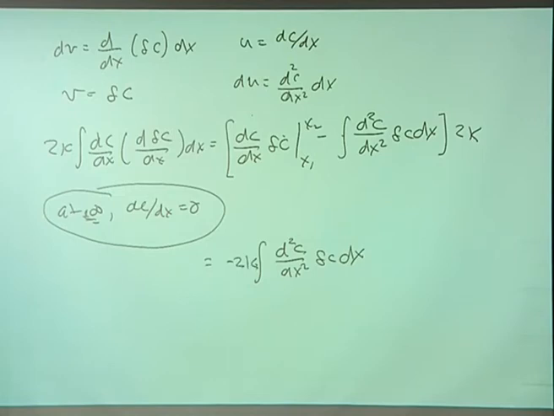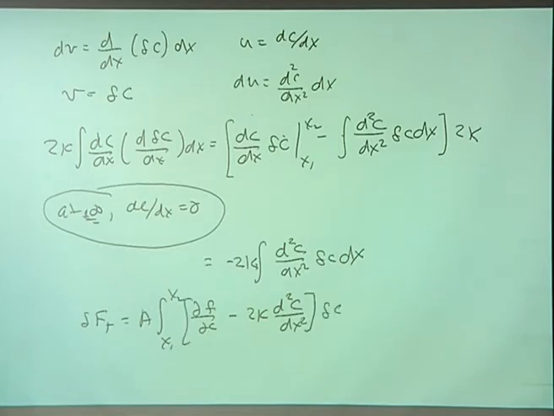Okay, and so now we can put this back into the integral of what we had before, and the first variation of the energy is going to be equal to the area times the integral from x1 to x2 of the bracketed term times delta c, dx.